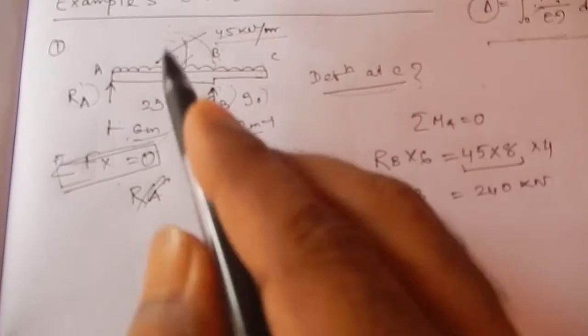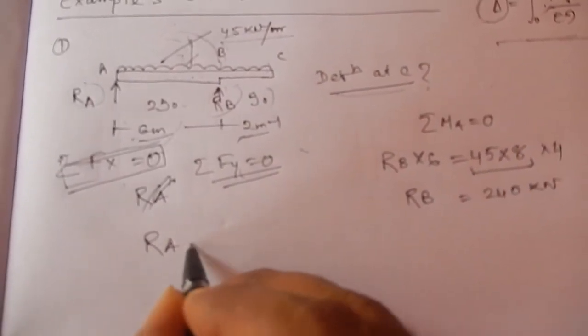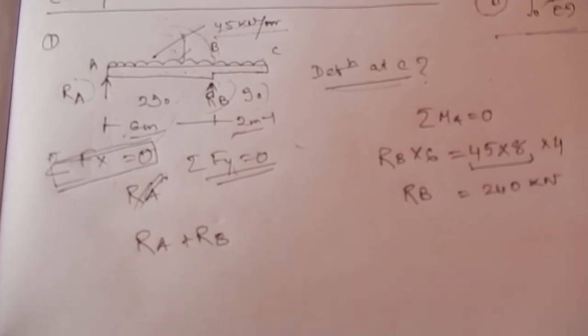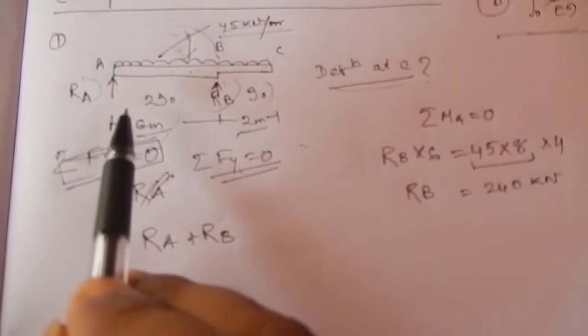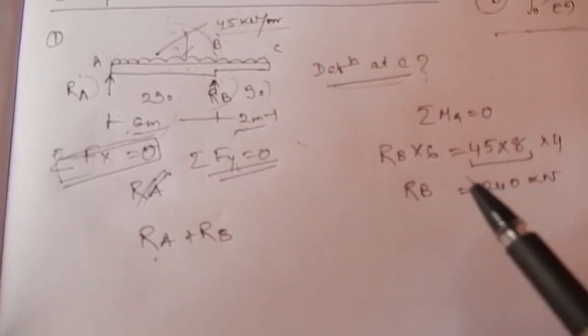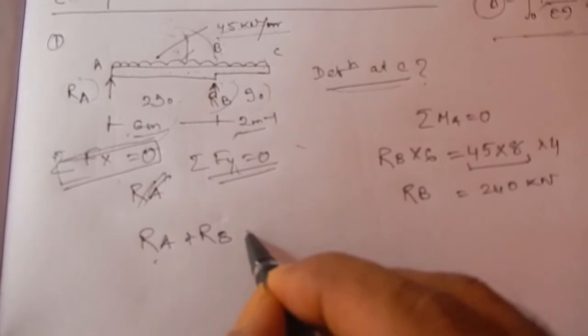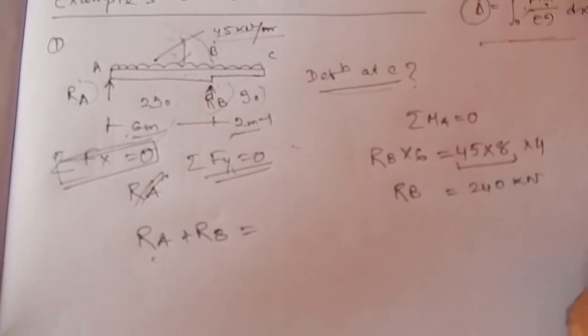So in y direction what are the forces coming? The force is coming RA plus RB, right, because RA and RB are in the upward direction we have assumed, so we are taking this as positive. If we are taking this as positive, we need to take the downward forces as negative.